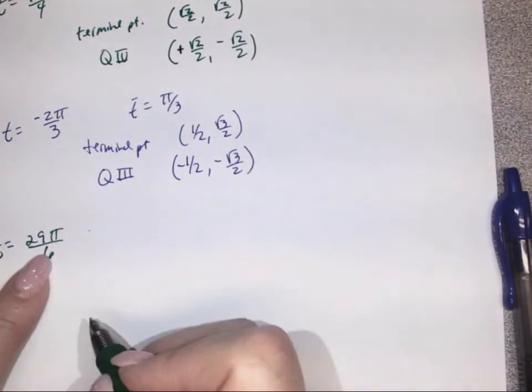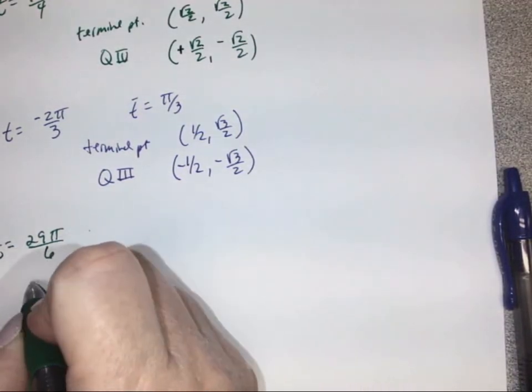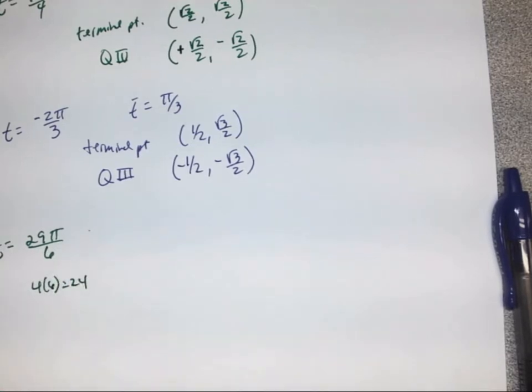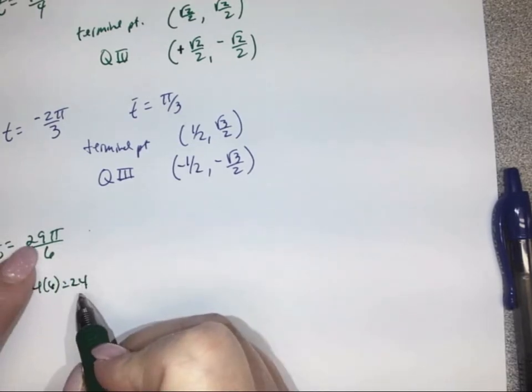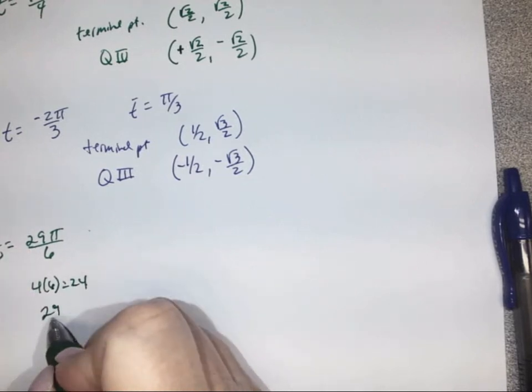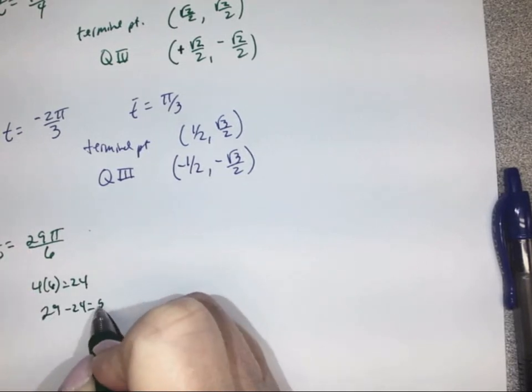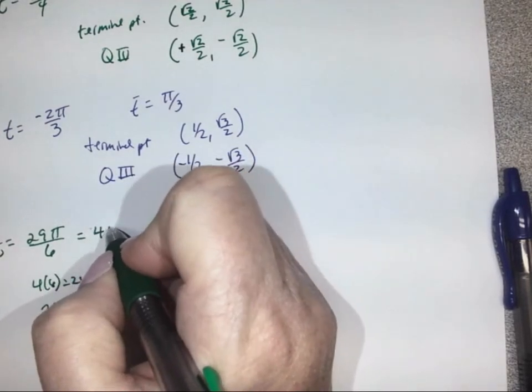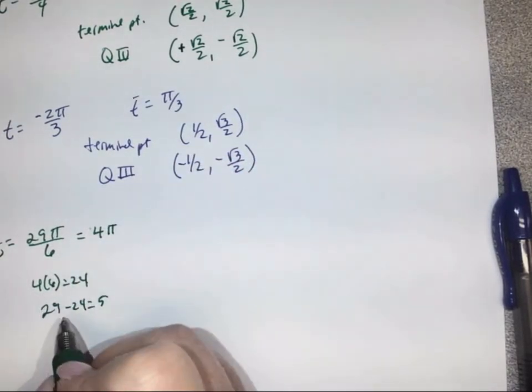So if we're looking at that, 4 times 6 will get us 24. So if we take 24 from 29, so 29 minus 24 would leave us with 5 left over. So we can say that this is 4 pi because that's how many pi we found.